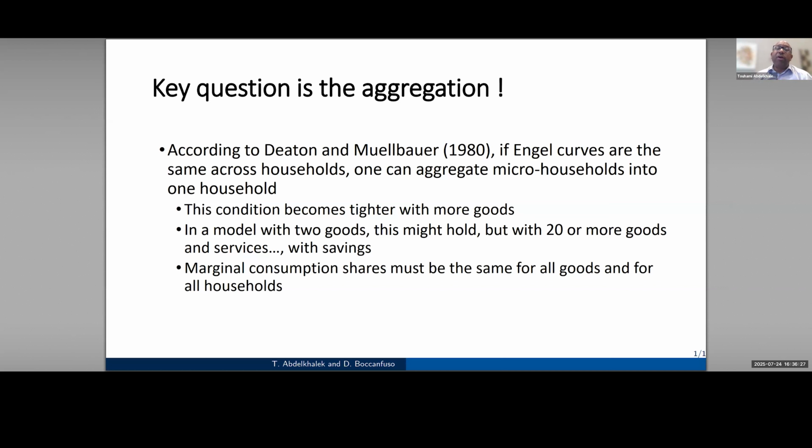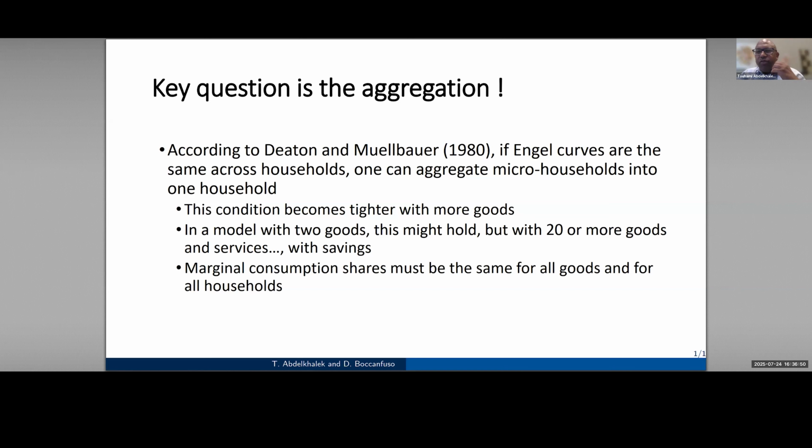But at a theoretical level, there is one word to be very careful about in economics: aggregation. If you know the Deaton and Muellbauer book on consumer behavior, it's difficult to see what the aggregate situation is. I give you just a small question.